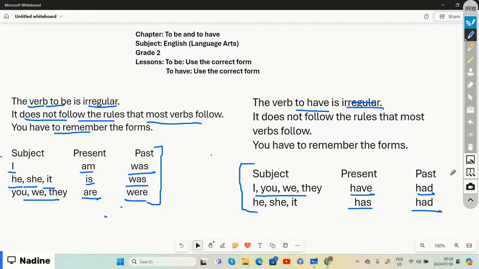All right. So the subject is I, and we say that our present tense is, for example, am. For example, I am going to the beach. And in the past tense, we can say I was at the beach, for example.